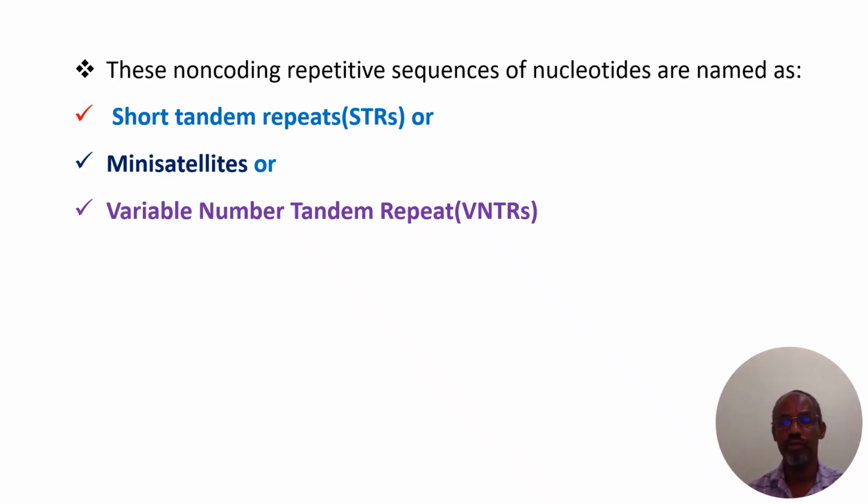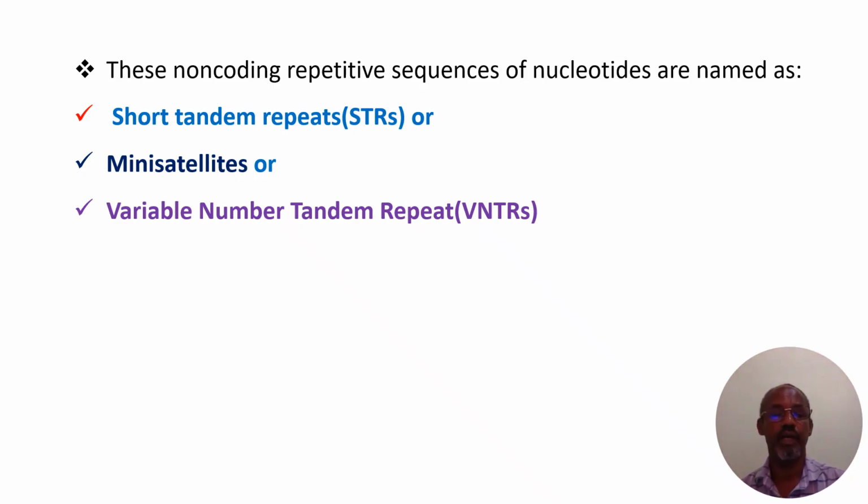It could repeat 10 times or 15 times or 7 times or 6 times or 4 times. Depends. Each repeat could be 2 nucleotides long minimum and maximum 10 nucleotides long.